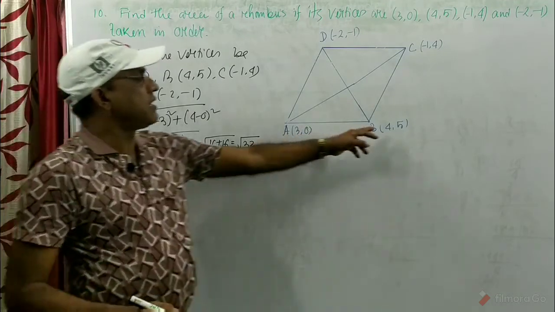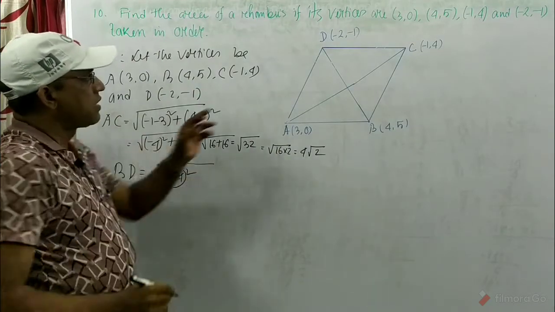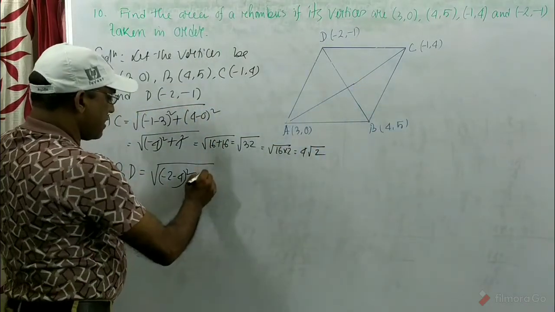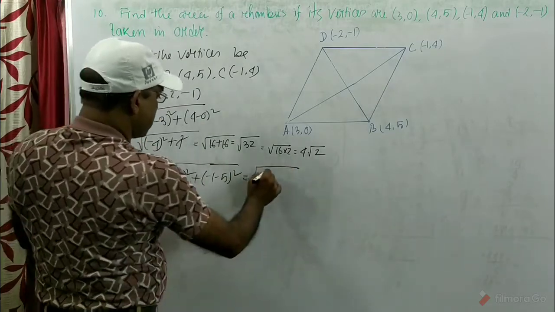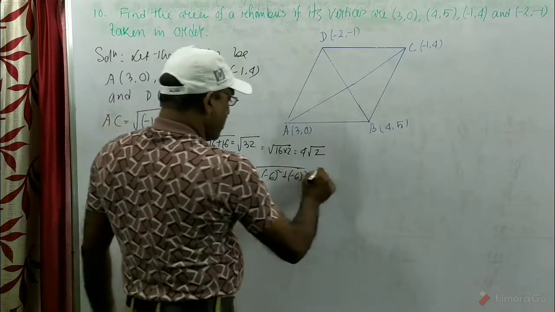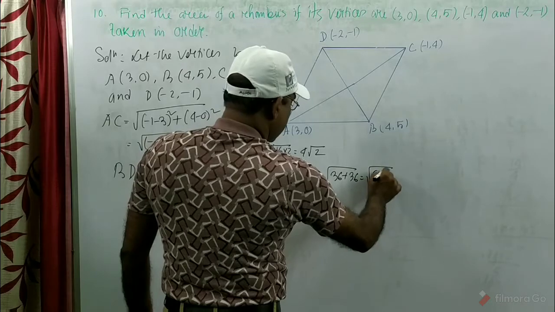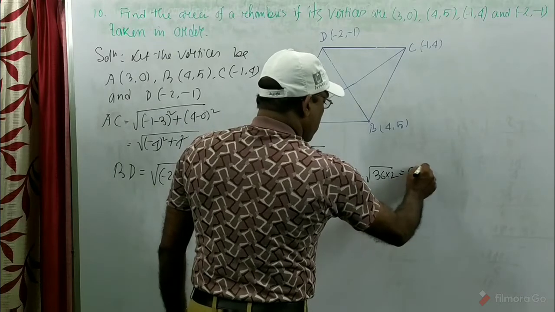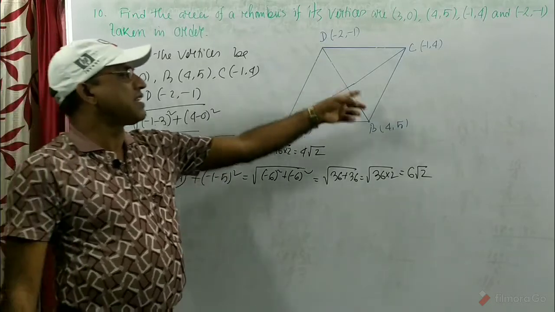BD means the distance between 2 points: (-2 - 4) whole square plus (-1 - 5) whole square. Now this is (-6) whole square plus (-6) whole square, and this equals 36 plus 36. This is 36 into 2. So this is 6√2 we get. So we get the lengths of diagonals AC and BD.